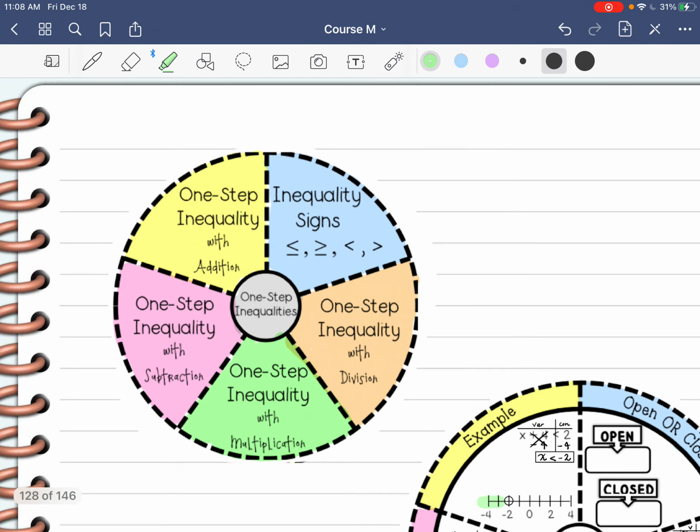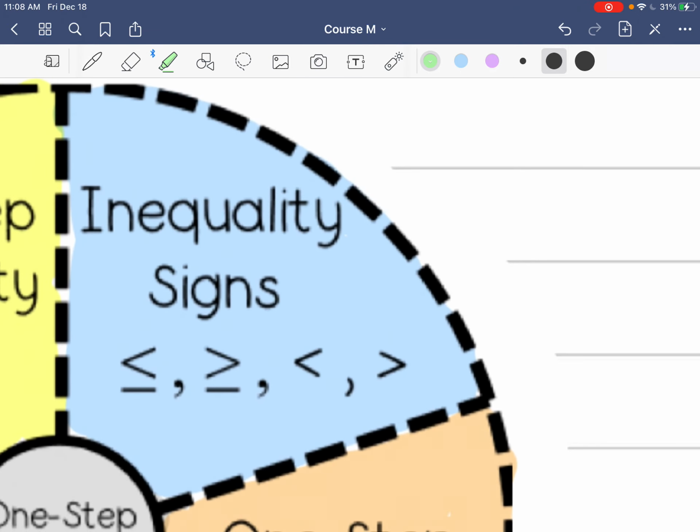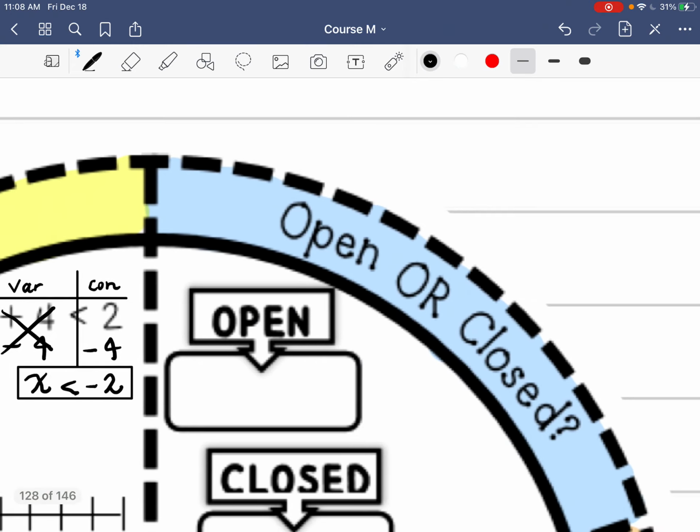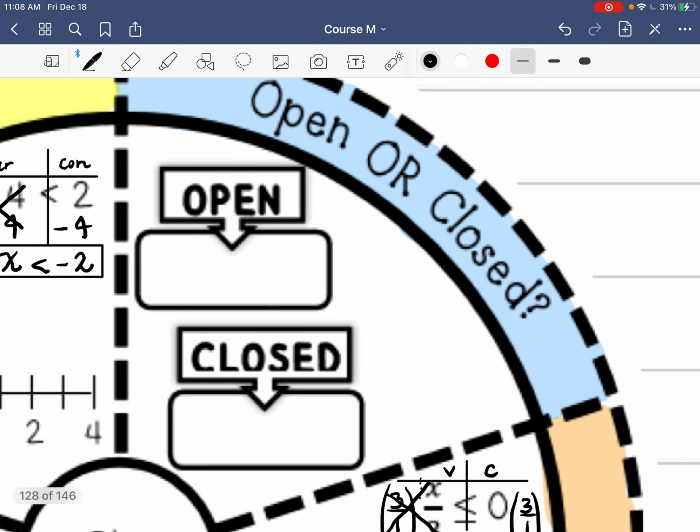Okay, on this last section, they want us to focus on the signs and what those signs mean. So in this example one, open or closed. In other words, when is the interval open and when is the interval closed, related to those signs.